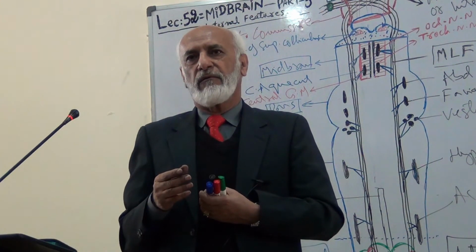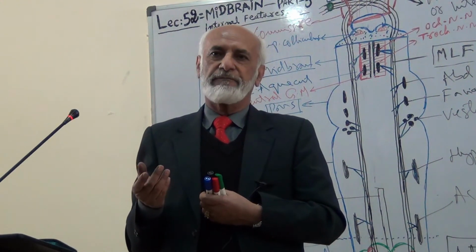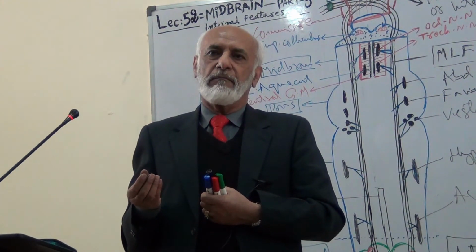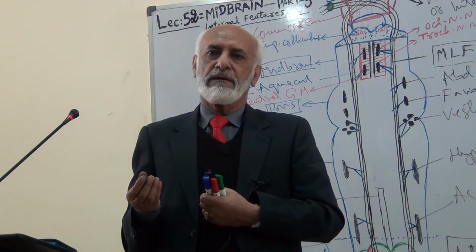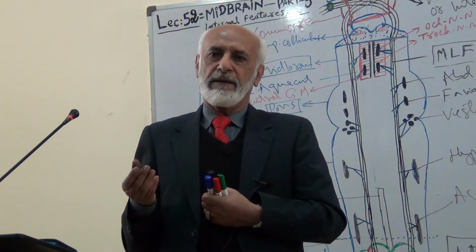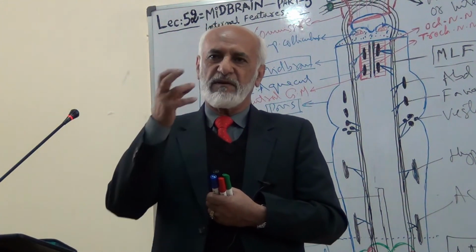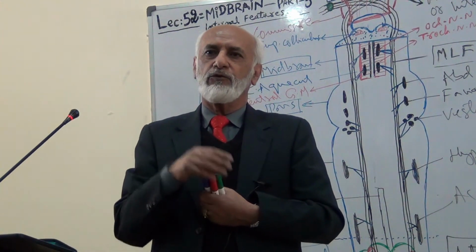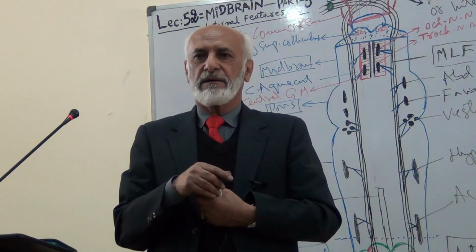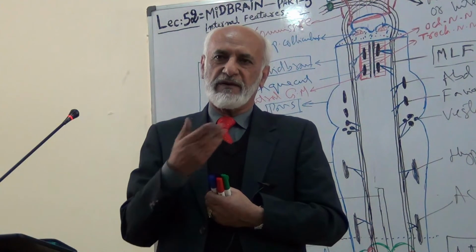Because while talking or while delivering a lecture, the mind is not focused sometimes. The muscles of the lips, muscles of the tongue, muscles of the fingers, they do not coordinate. Mind is not focused on that topic.